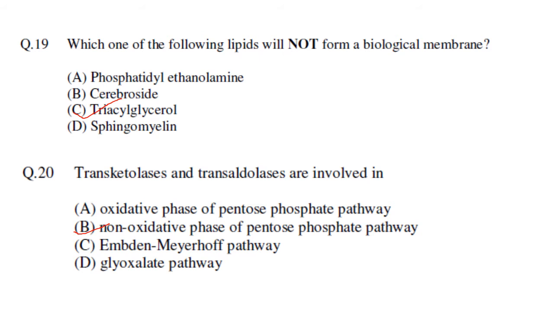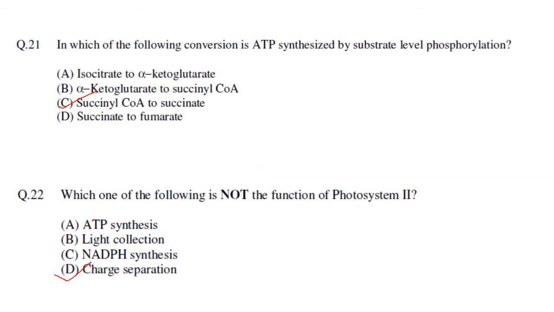Answer is option B, non-oxidative phase of pentose phosphate pathway. Pentose phosphate pathway has two phases, the oxidative phase and the non-oxidative phase. So transketolase and transaldolase are involved in the non-oxidative phase.